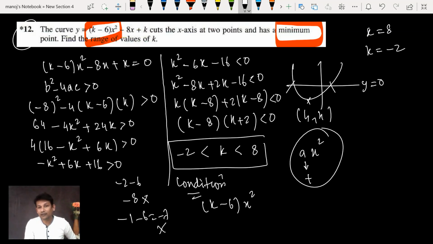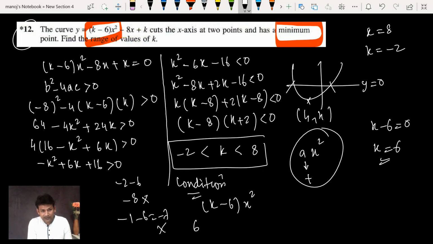So when I make k minus 6 equal to 0, that is 6 minus 6 is 0, and there is no quadratic equation, and we want a quadratic equation. So 6 is not okay.